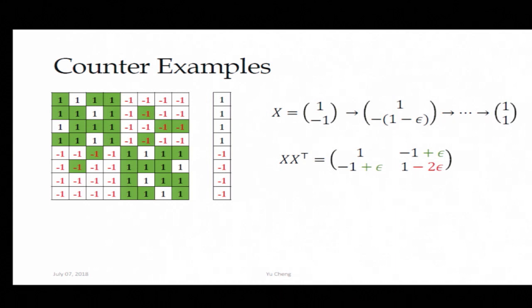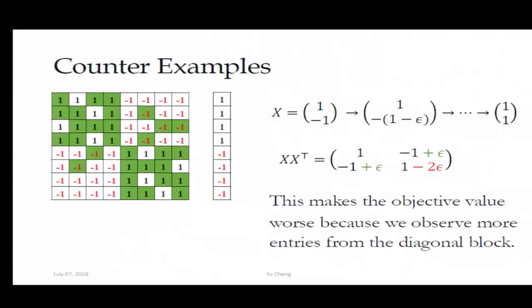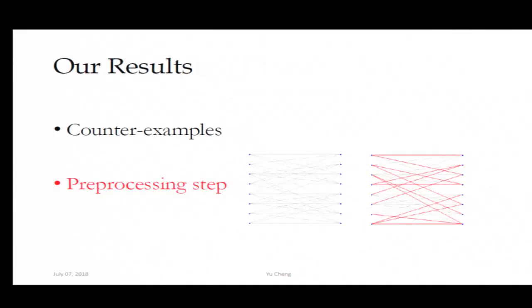For this matrix, you are doing better on the off-diagonal, and you're doing worse on the diagonal block. But because you observe way more entries in the diagonal block, this actually makes the objective function worse. So intuitively, you're kind of locked in by your diagonal block. This is bad.